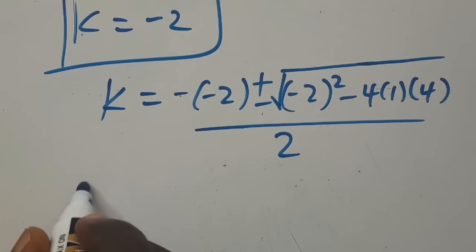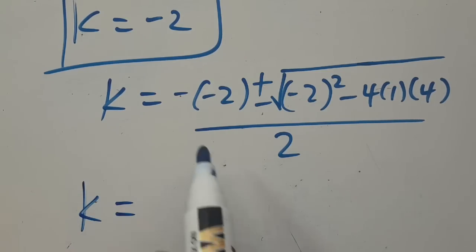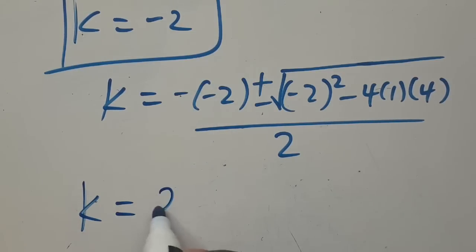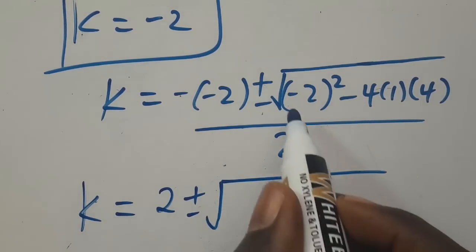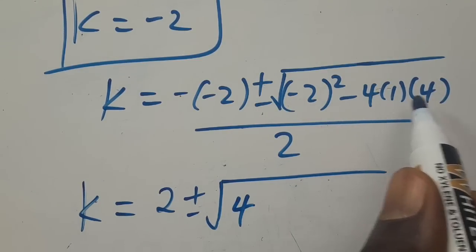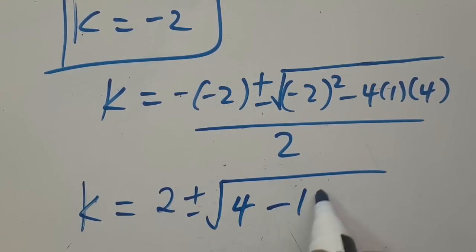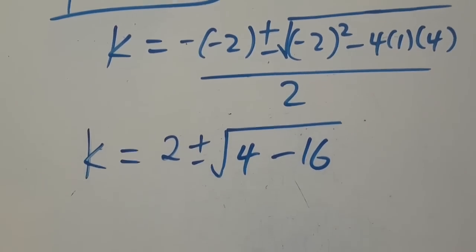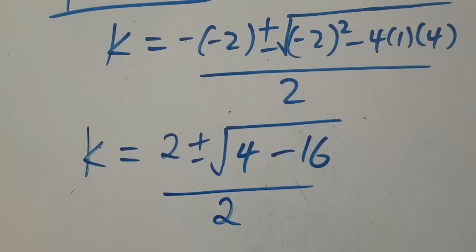Then from here we have k equals minus times minus will be 2, positive or negative, root of 4 minus 4 multiplied by 1 multiplied by 4, which will be minus 16, then all divided by 2.